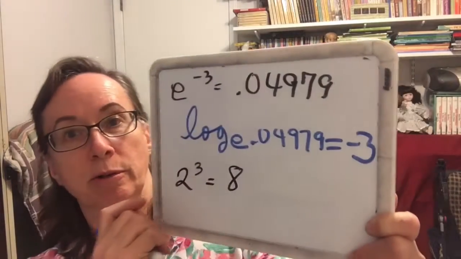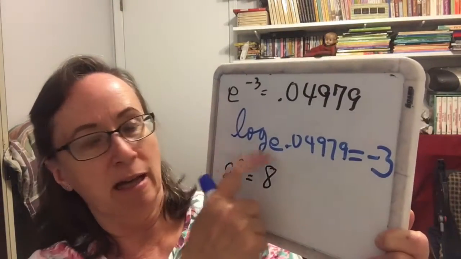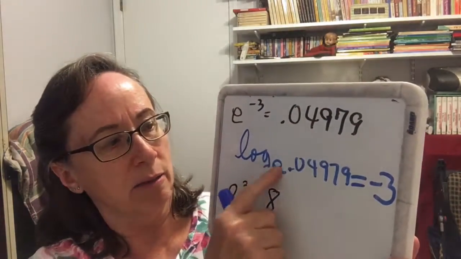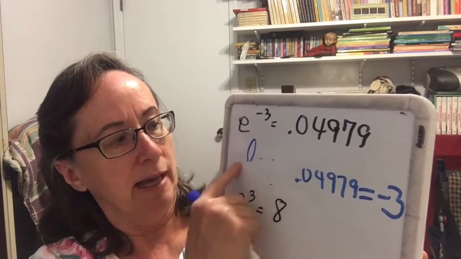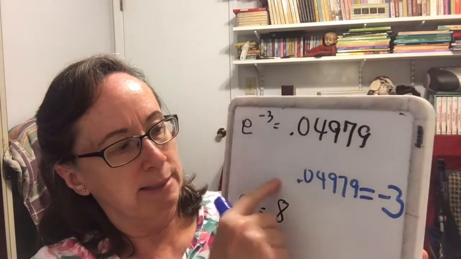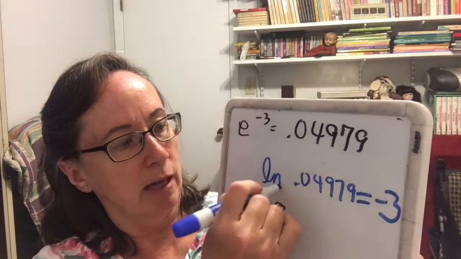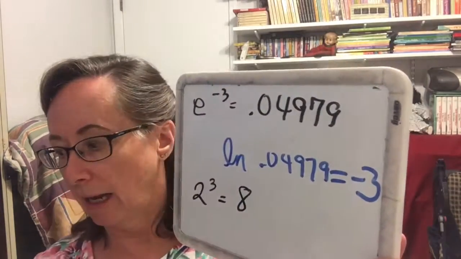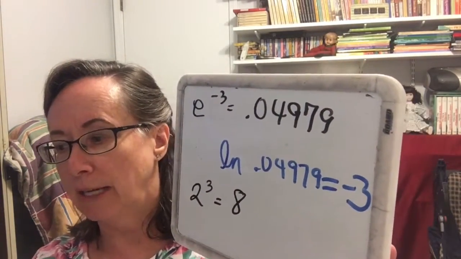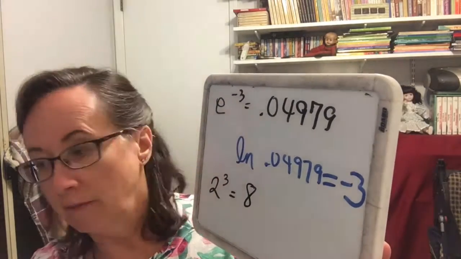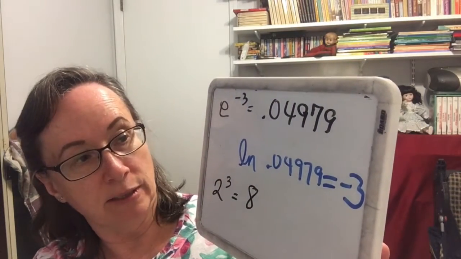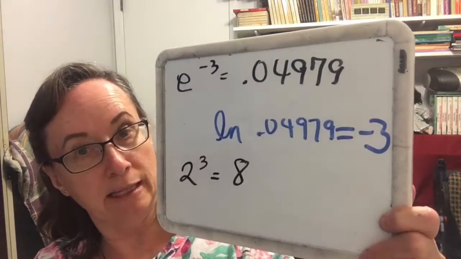And the only thing I would do to improve that is to say that log base e is natural log. So I'm going to take that off and turn log base e into natural log. And then I have a good answer. So natural log of 0.04979 is -3. That's accurate.